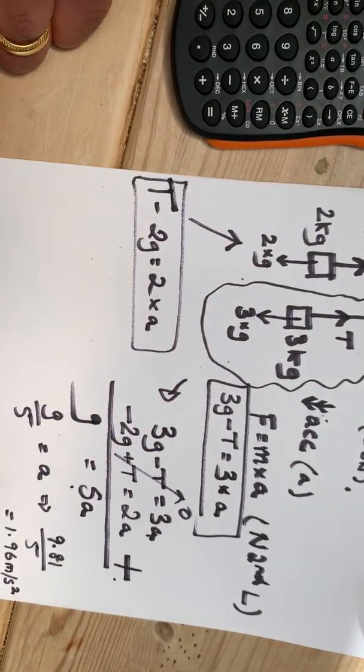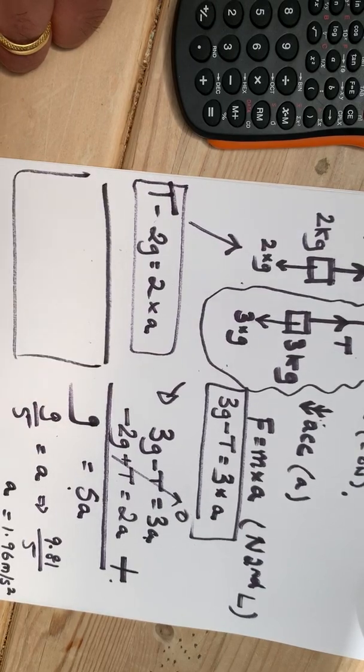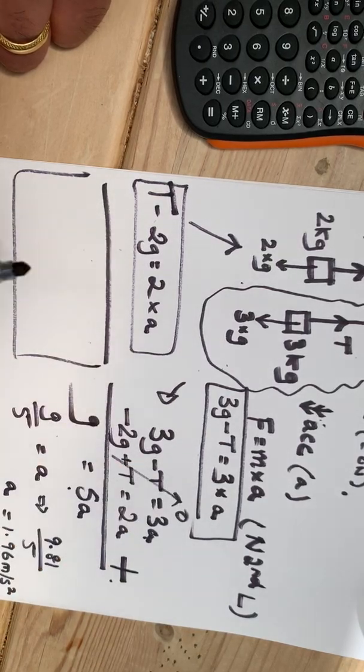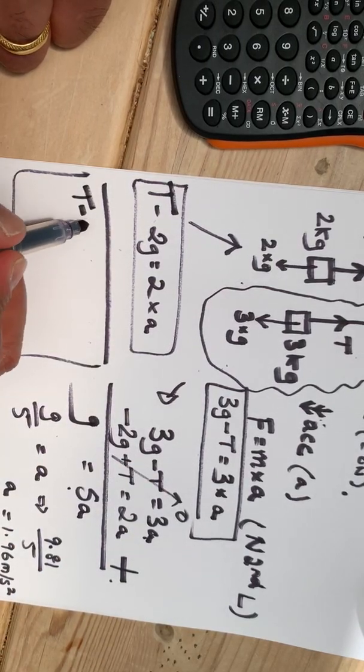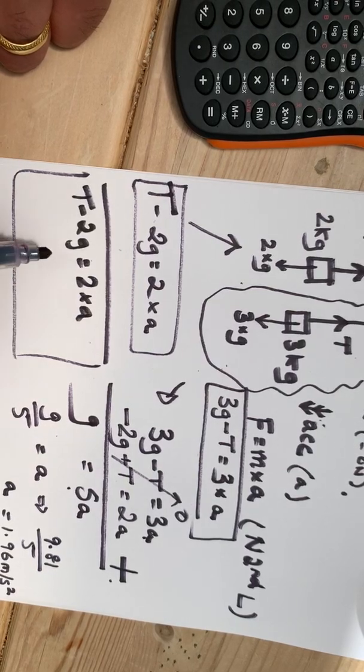As soon as you have this value for a, you can work out the T value simply by putting it back into one of these equations. We're going to say T minus 2g equals 2 times a.